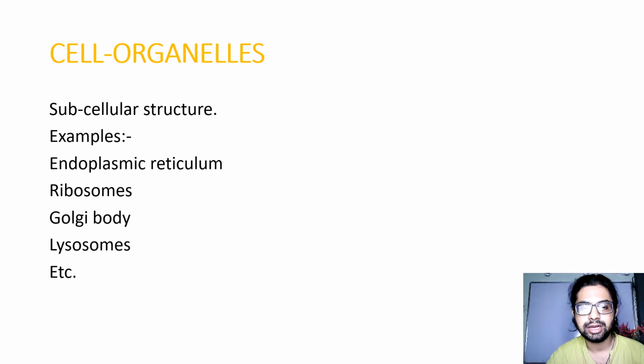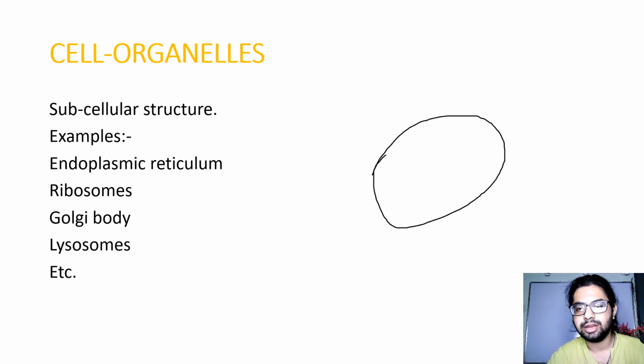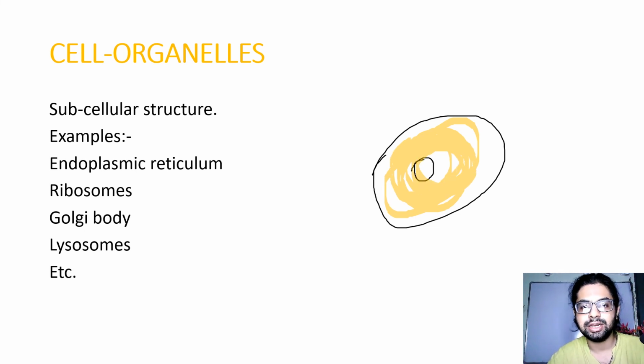Now, what are cell organelles? If this is the cell, inside it this is the central part called the nucleus, and this jelly-like substance, let me show you the color, this jelly-like substance present between the nucleus and the plasma membrane is the cytoplasm, and in this cytoplasm different cell organelles or subcellular structures are present.